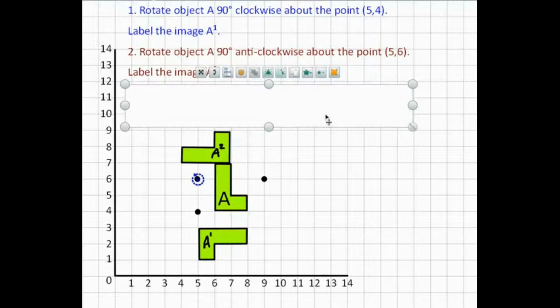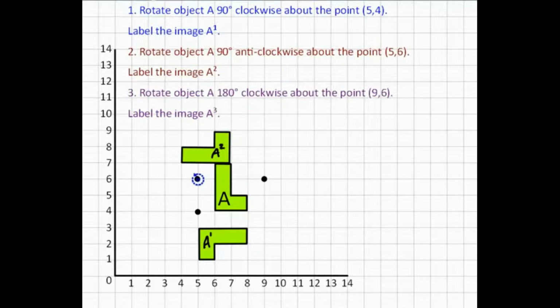And then finally, it says rotate object A 180 degrees clockwise about the point 9,6. So centre of rotation over here, and rotate it 180 degrees clockwise. That's a quarter turn so far, and that's a full half turn. It should really line up with the squares if I had the centre of rotation in exactly the right place. A3.